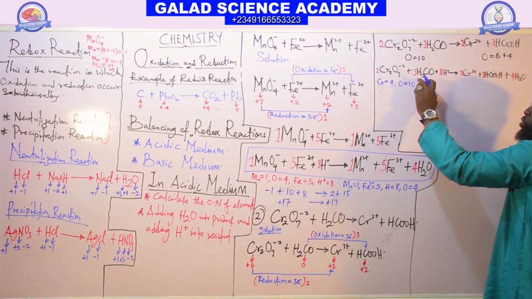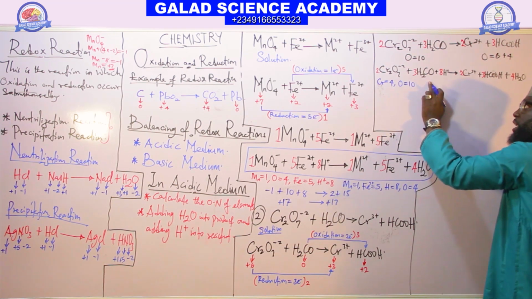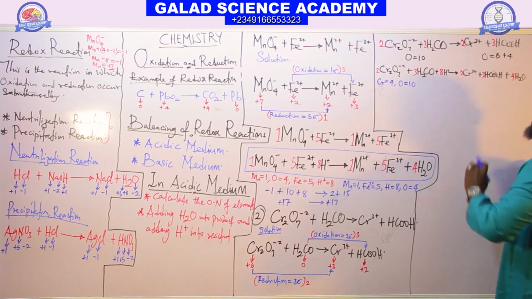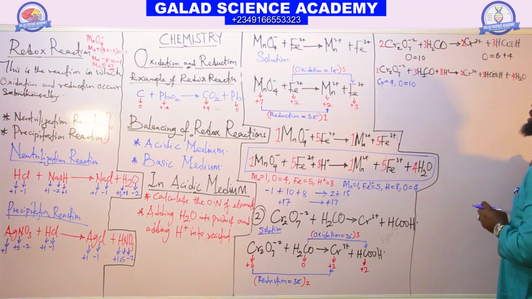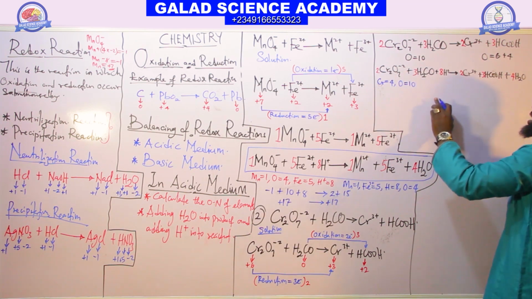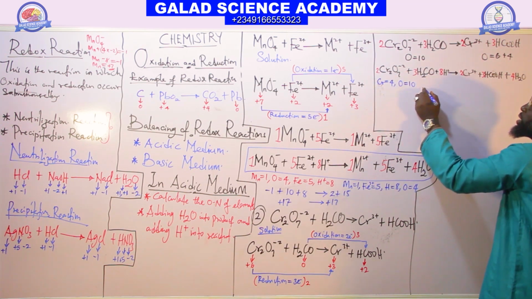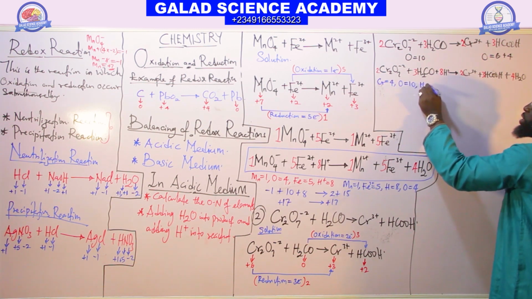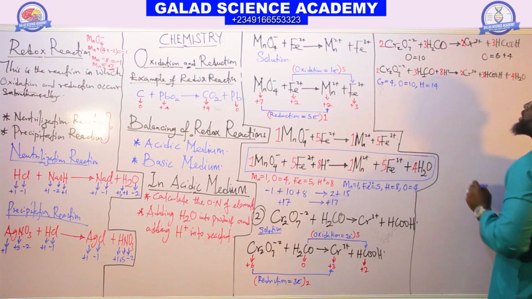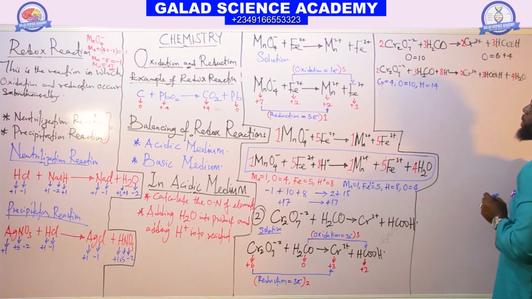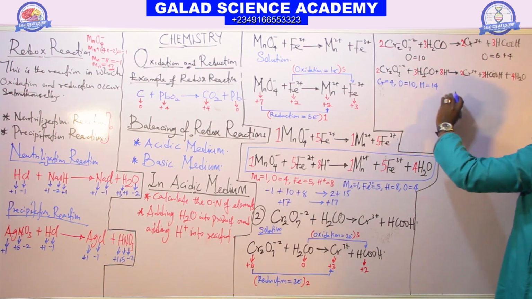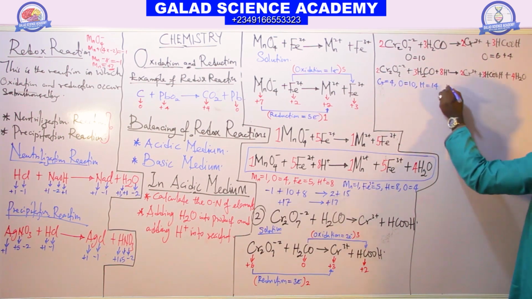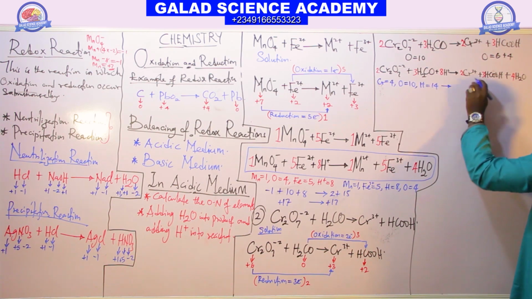Hydrogen is 3 times 2, making 6, 6 plus 8 to give us 14. So the number of hydrogen we have is 14. Yes. For the reactant side, let's check for the product side now. Product side, let's check chromium.